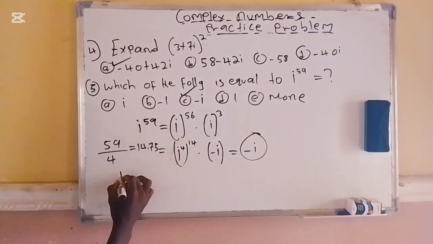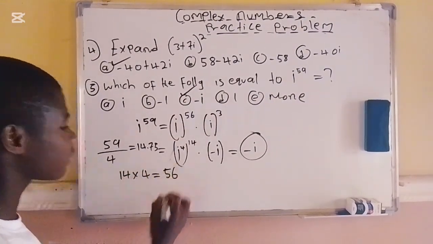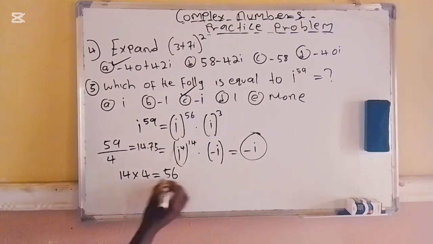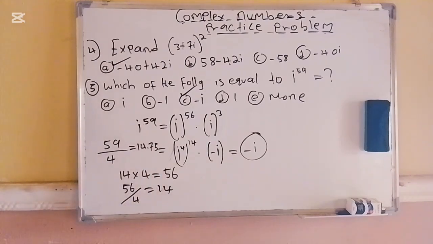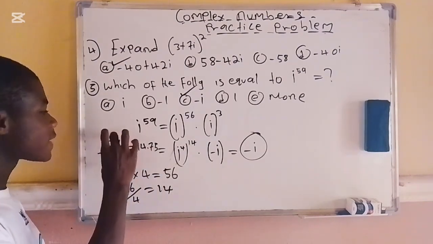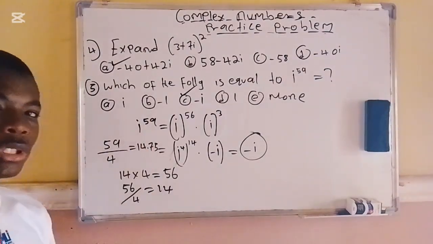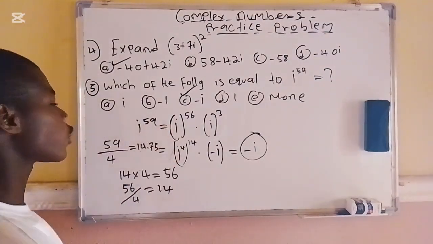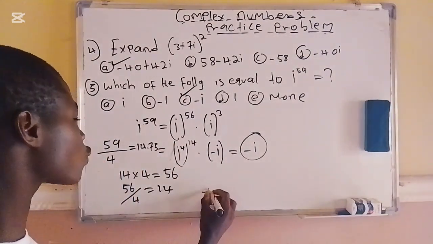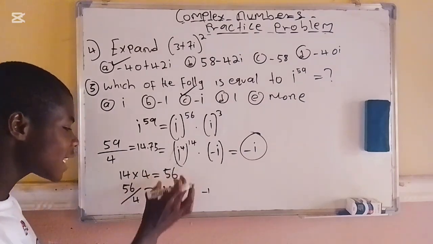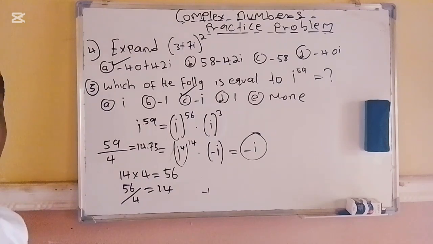If I say 14 multiplied by 4, it will give me exactly 56, and 56 divided by 4 again gives 14. As you can see, 59 is odd, so our answer is supposed to have a negative sign. But 56 is even, and 14 is even too.